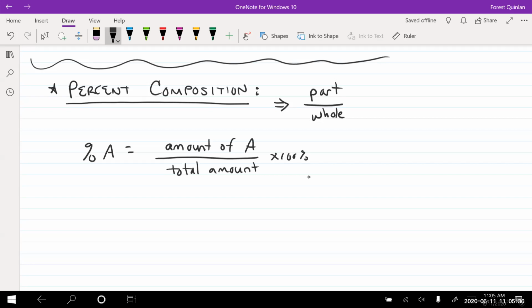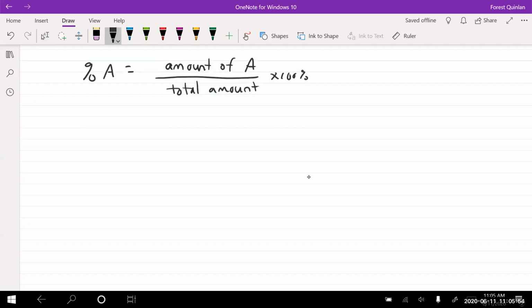Now, this amount can be anything. You can have mass percents, you can have volume percents. As long as you're talking about the same set of units, it doesn't matter. Whatever amount of that thing is over the total amount will get you the percentage.